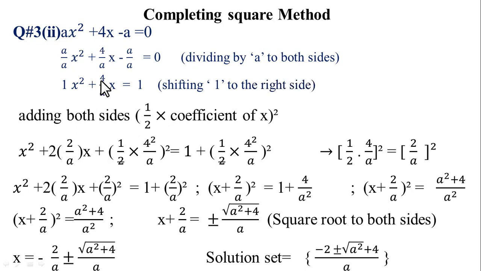Now here 4/a is the coefficient of x, so adding to both sides (1/2 multiplied by the coefficient of x) whole square. First of all, 1/2 multiplied by the coefficient of x, 4/a: 2 ones are 2, 2 twos are 4, so the required term is (2/a) whole square. We add this term on both sides.